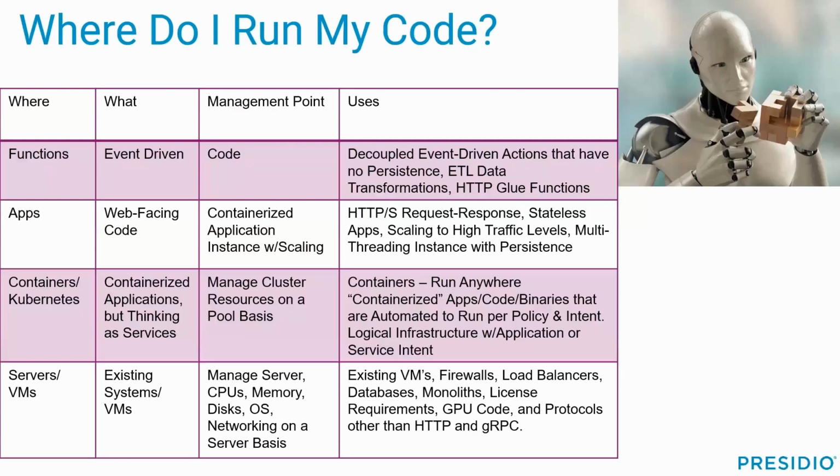It's code in the cloud, whereas apps, containers, and virtual machines and servers, we're still thinking of those as an actual application running on a server somewhere. The functions you have to think of differently. They only execute when you poke them, and as soon as they give you some response back, that's it, they're gone, right? So you have to think about how to glue these together into a system.